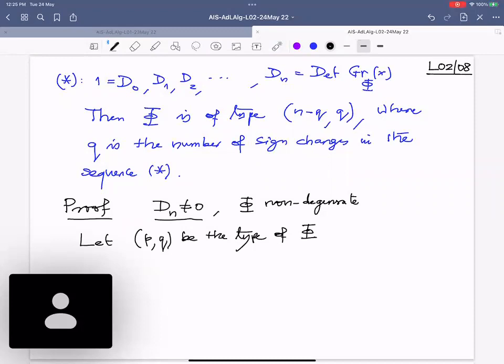And therefore P plus Q has to be n, so therefore P is n minus Q. But now I want to prove Q is the number of sign changes in this sequence.